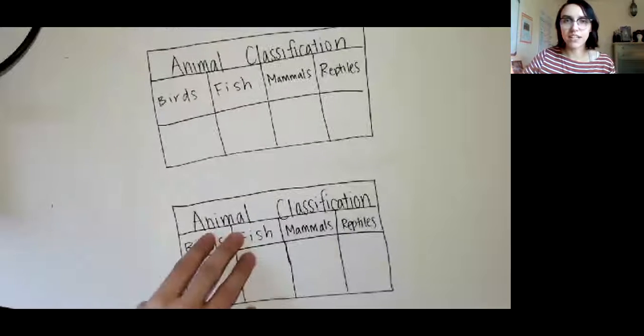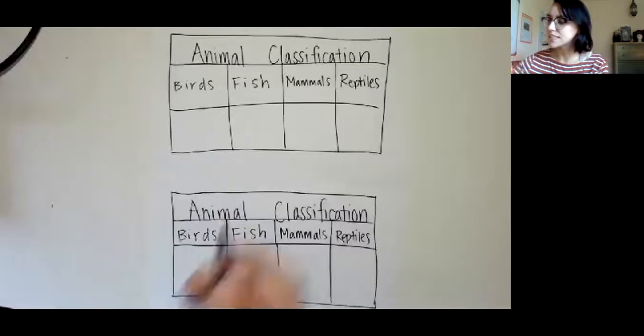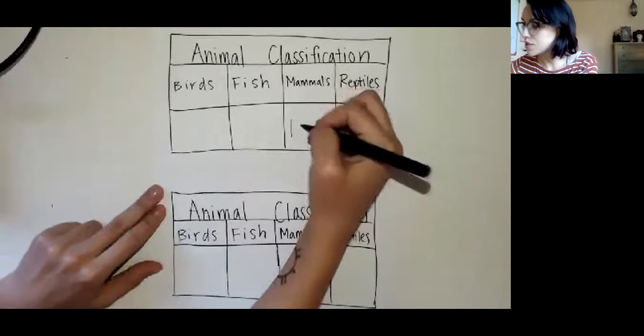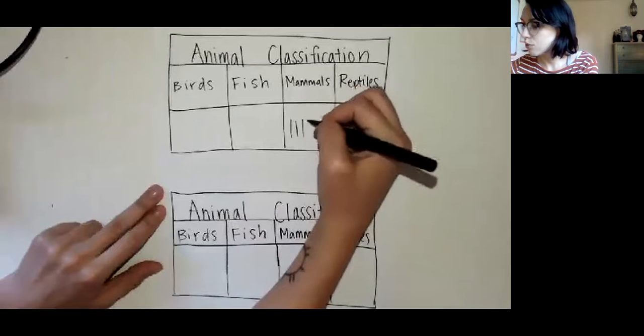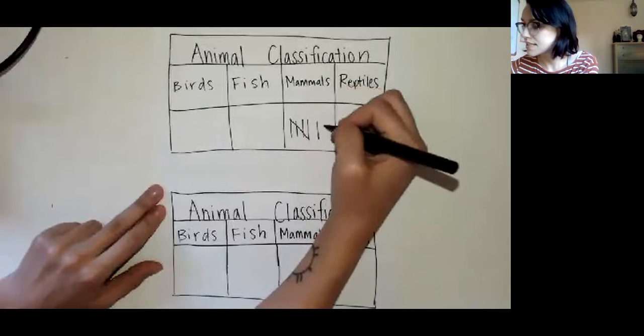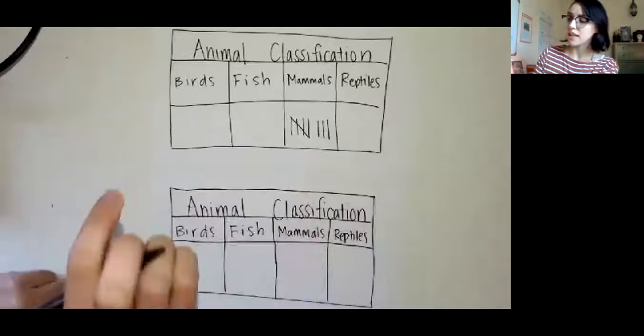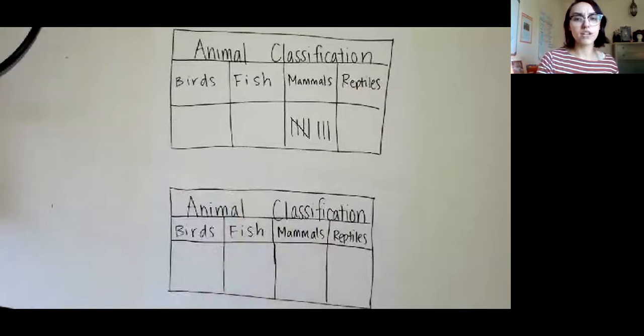Okay, so looking here, we just counted 8 mammals. 1, 2, 3, 4, 5, 6, 7, 8. All right, let's take a look at our birds next. Oops, there we go.